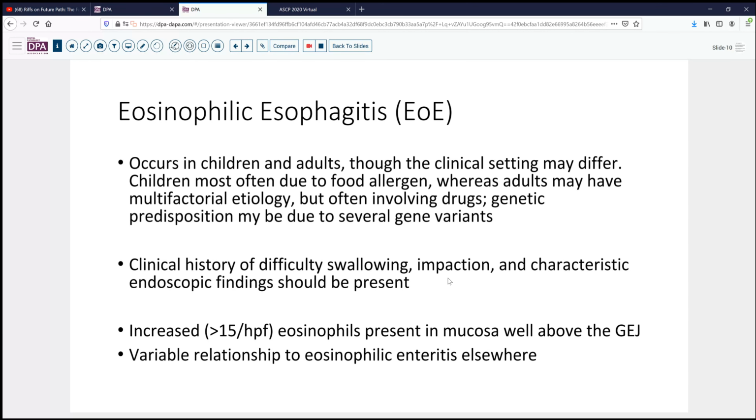So here's another example of eosinophilic enteritis. Here we see gastric antral mucosa, and you can see the very dense eosinophilic infiltrate here in the lamina propria. The stomach usually has few or no eosinophils, so to find this number of eosinophils within the lamina propria is truly pathologic.